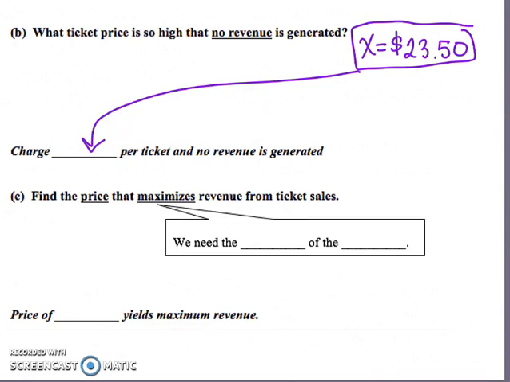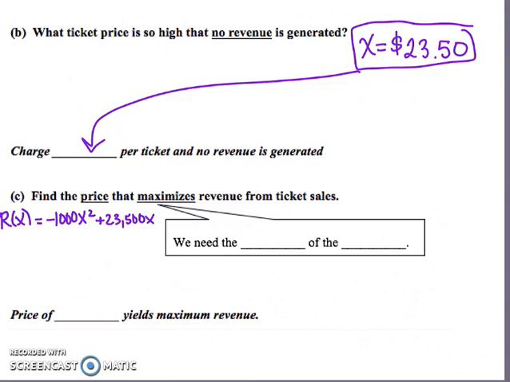So if we want to find the price that maximizes our revenue, that's what this problem is all about, right? We want to find that perfect price that we can charge so that we get the most people possible buying tickets. So we have to go back to our revenue function that we created, which was r of x equals negative 1,000x squared plus 23,500x.